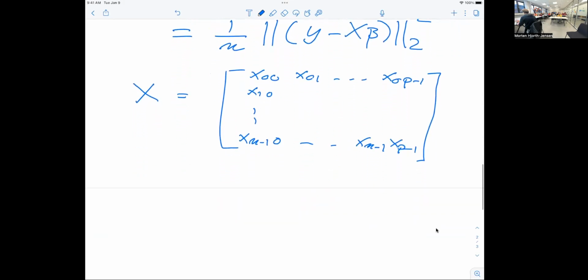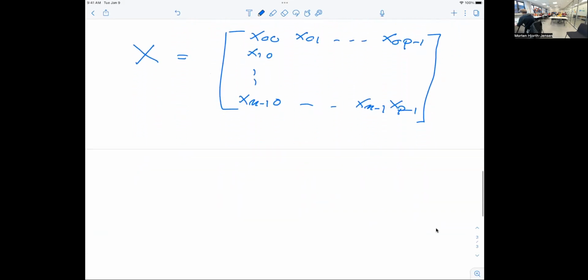Now, X is a matrix of dimensionality n times p. So the rows correspond to the entries which we have, the data inputs, and the columns correspond to given features. In our case, the feature is the polynomial order.